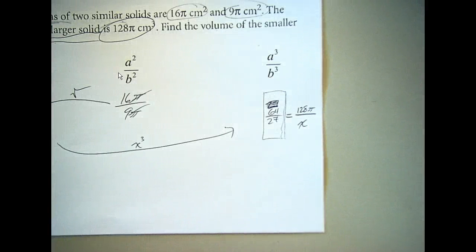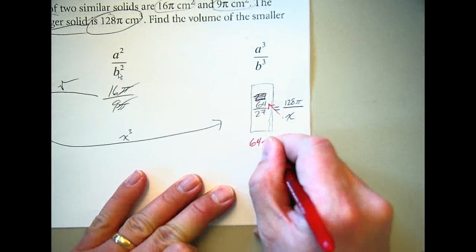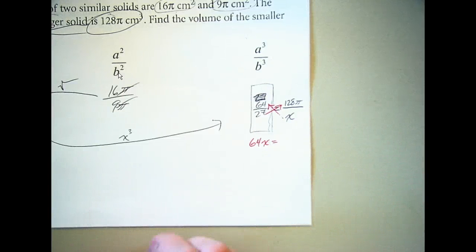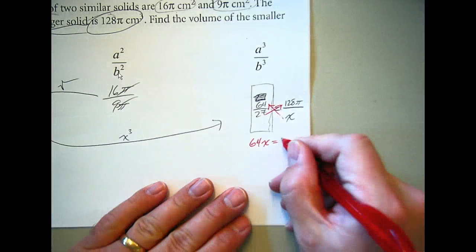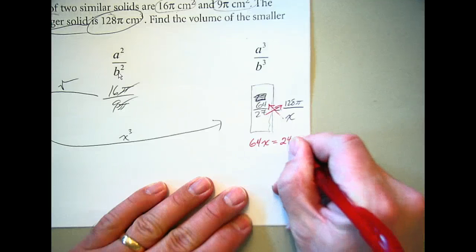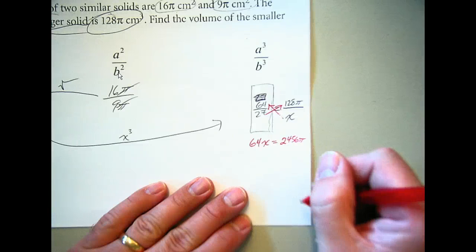Cross multiply. 64x is equal to, I have no idea what that is. It's like a big number. Divided by 64. What's that? 2,456 pi. Okay. Can you just recognize that you double it?